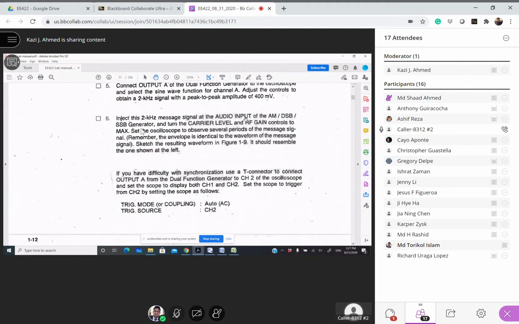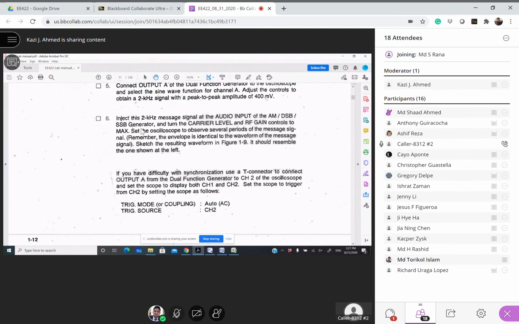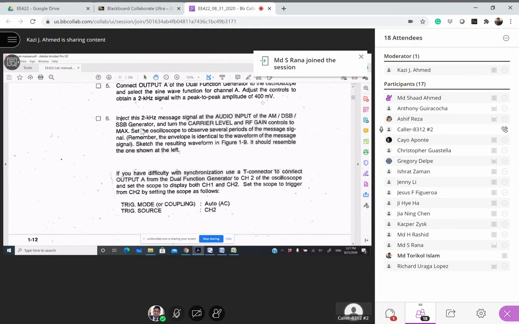Now we set our carrier to 1000 kilohertz. We set our message to 2 kilohertz and 400 millivolts peak to peak. Inject the 2 kilohertz message signal to the audio input of the AM generator.